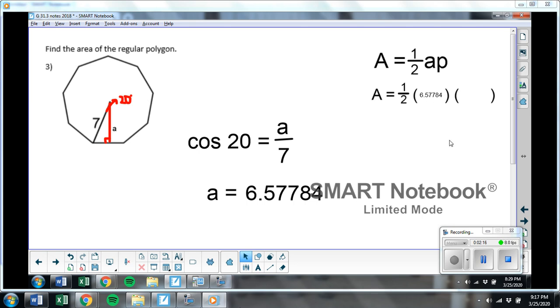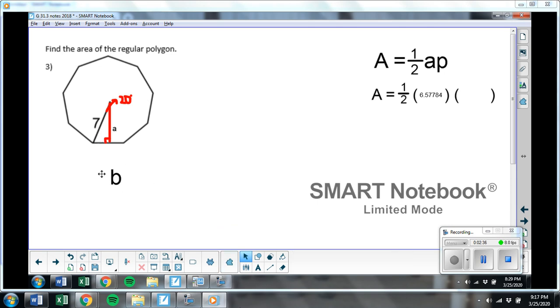Now, perimeter. I don't know the outside, but I'm going to start by finding part of the outside. I'm going to start by finding that little piece, which I'm going to label B. That little piece is part of the perimeter, so we'll find B first.